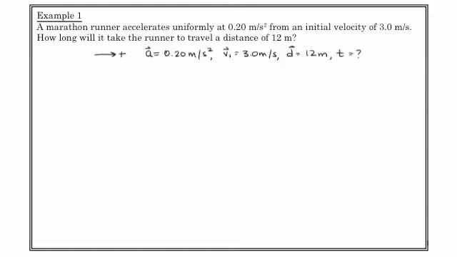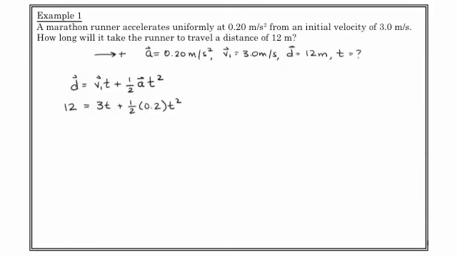And we're interested in how long it will take the runner to travel a distance of 12 meters. So t is our unknown. We can say, okay, well, a wise choice of equation would be this one here. And we notice right away, oh, this includes all of our unknowns, and it includes all of our givens, which is very nice because in one step we'll be able to solve this.